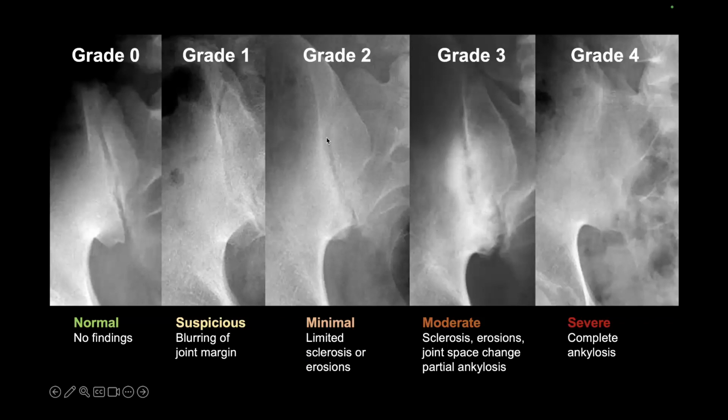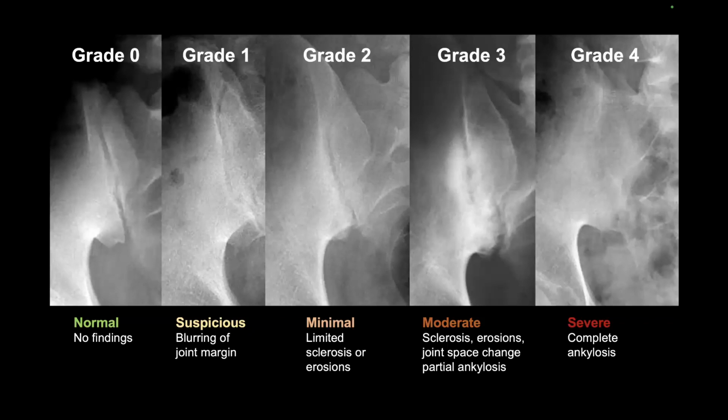Grade 2, definitely looks like there's some disease. You have erosions and sclerosis, but it's not as severe as grade 3. You don't have the joint space widening, and you don't have any extensive ankylosis. And grade 1, I find quite challenging sometimes comparing it with degenerative change, where sometimes you get a bit of sclerosis that forms, or it can overlap the changes.